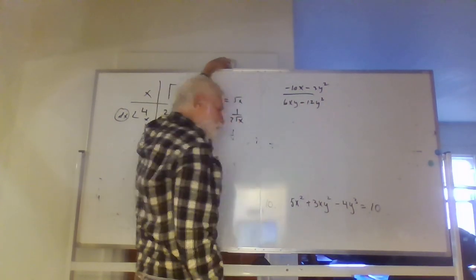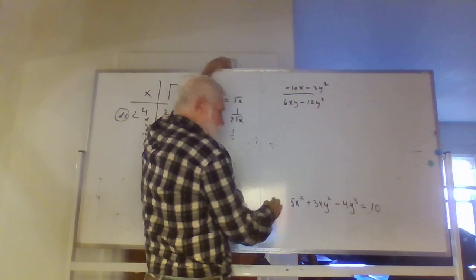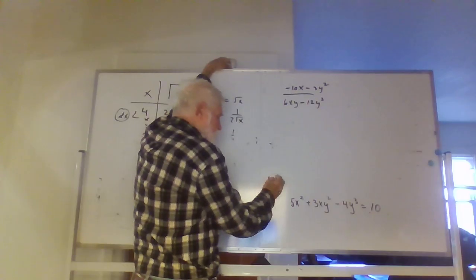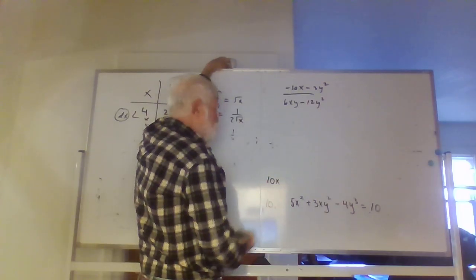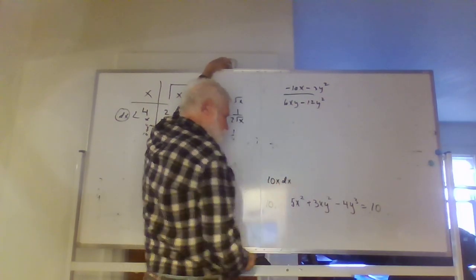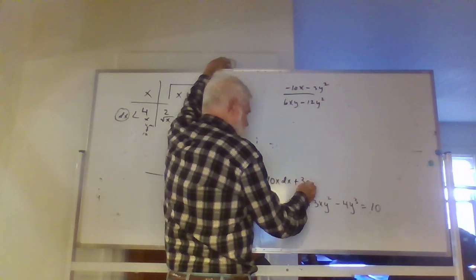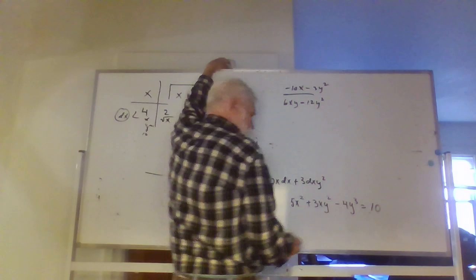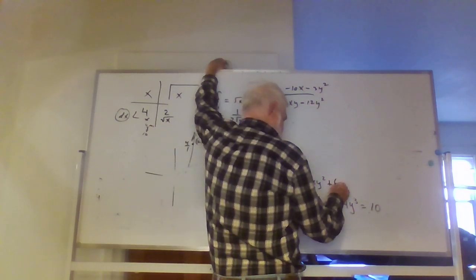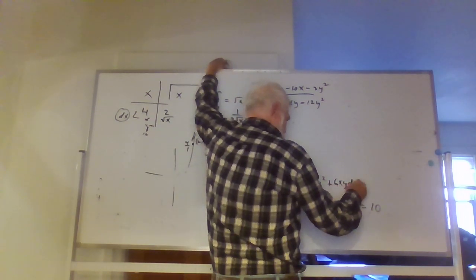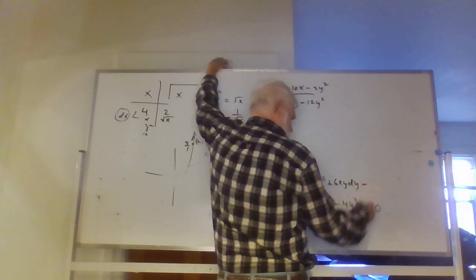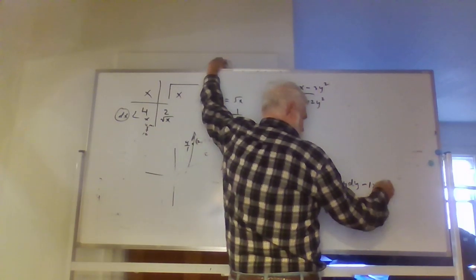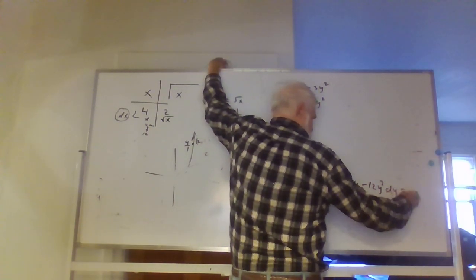All right, let's see if I'm getting any better. So this, taking the long route, is 10x dx plus 3 dx y squared plus 6xy dy minus 12y squared dy equals 0.